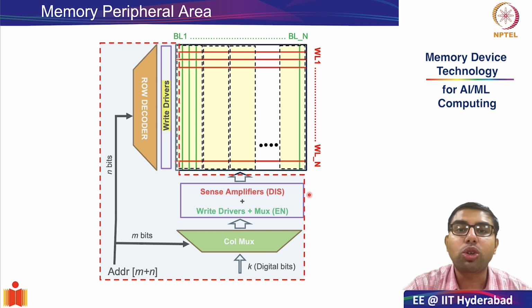The situation is quite similar here also. You would expect that the size of the peripherals, which are just used to access data efficiently, will be minimal compared to that of the memory array.